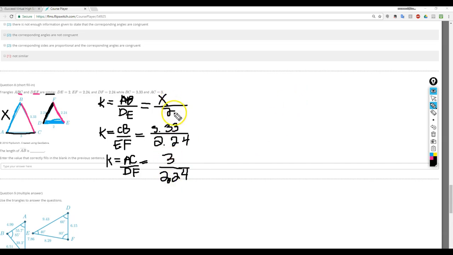So now X divided by 2 is X divided by 2. I'm not sure what that simplifies down to. 3.33 divided by 2.24, since they are both numbers, I can enter them into my calculator, which comes out to be 1.4866 with some remaining decimals.